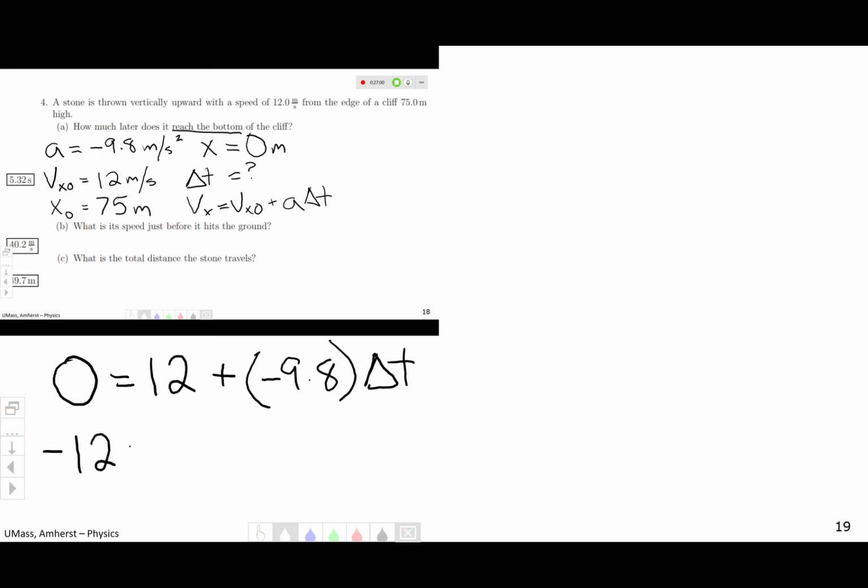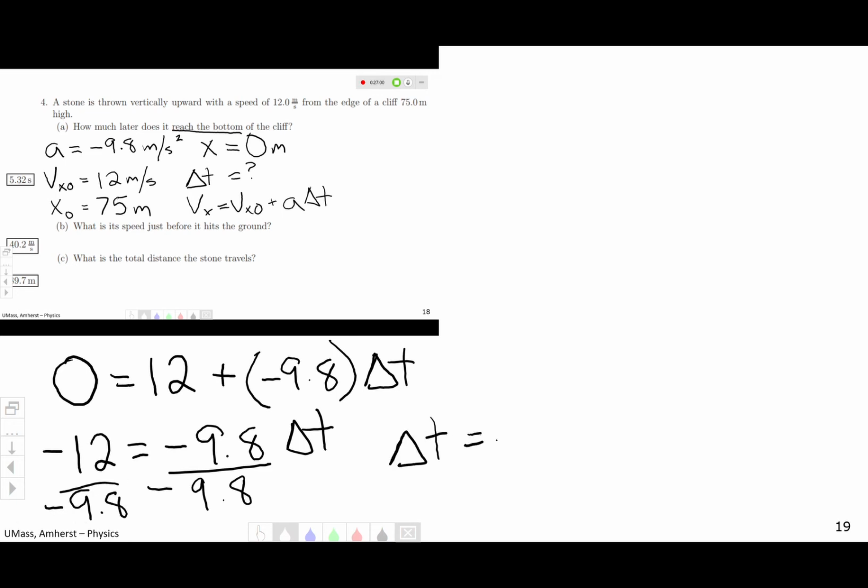So we get negative 12 equals negative 9.8 delta t. Divide, and we end up with a delta t of 12 divided by 9.8 equals 1.22, not meters, seconds. And so that is the up time.